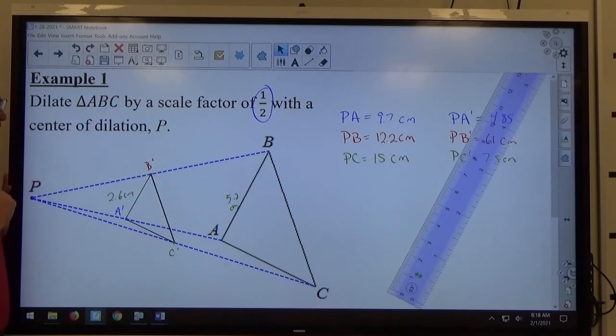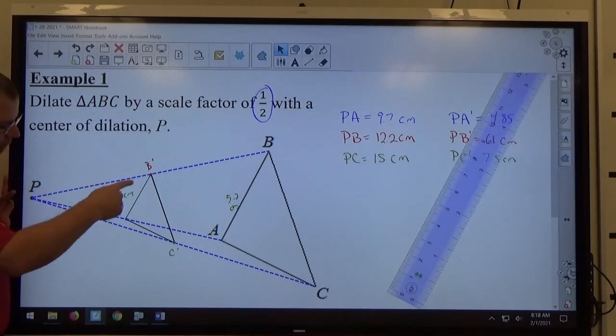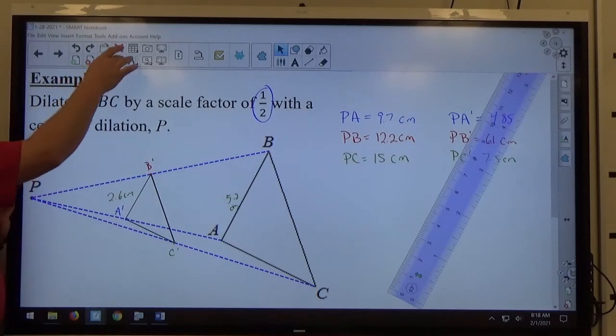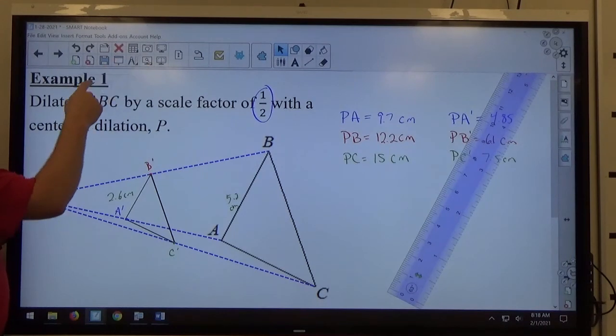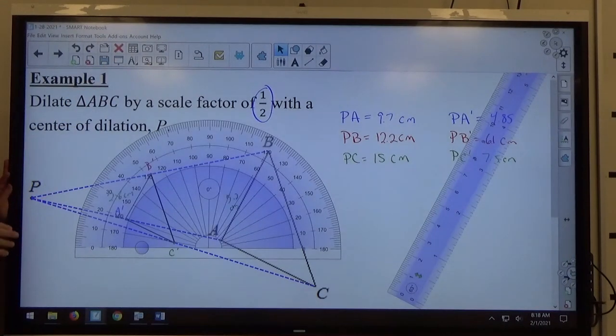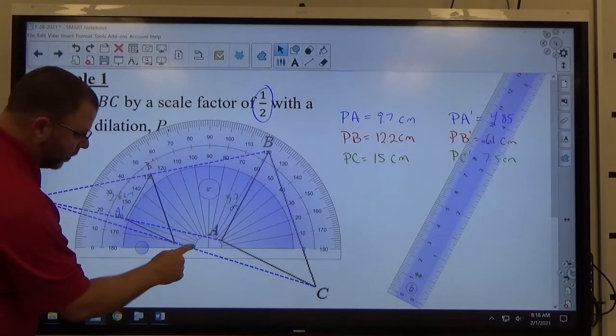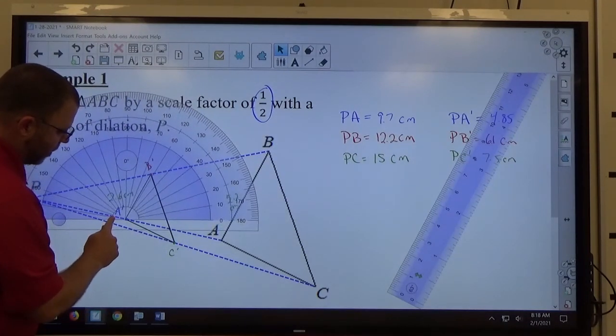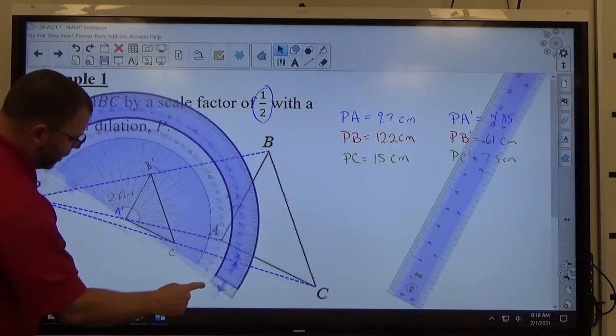The scale factor is what that is. All the angles should be exactly the same. So angle BAC should match angle B prime A prime C prime. So if I got a protractor to verify on this one. And keep in mind, there is experimental error, so it might be off by a smidge, but they should be pretty close. If you had a computer program doing it, we'd probably be more accurate.